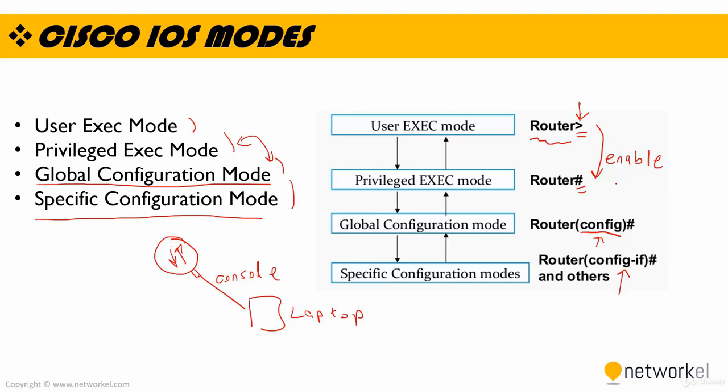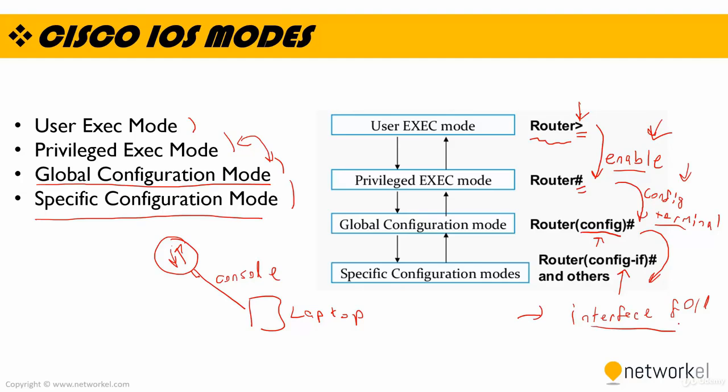After that, if you want to configure an interface, you should first type config terminal, and you get into the config mode. And lastly, you should go to the interface that you want to configure, for example, interface fastethernet 0/1. We are going to talk a lot about these things in our next sessions, but please keep in mind how we switch between those modes.